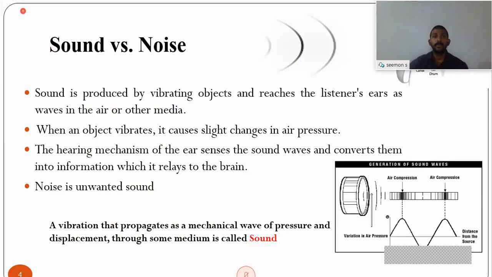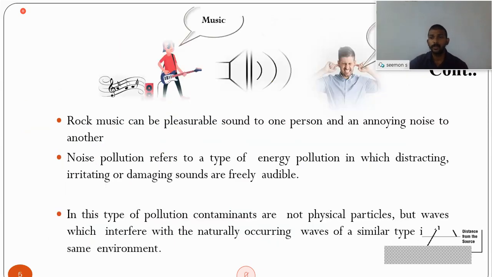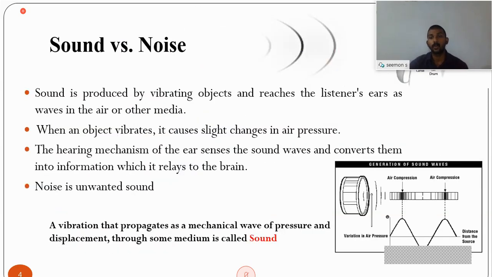First, before going to noise, we have to know what sound is. Sound is produced by two objects vibrating, and it reaches the listener's ear as waves. So when two materials vibrate together, they produce a wave which reaches the listener's ear.